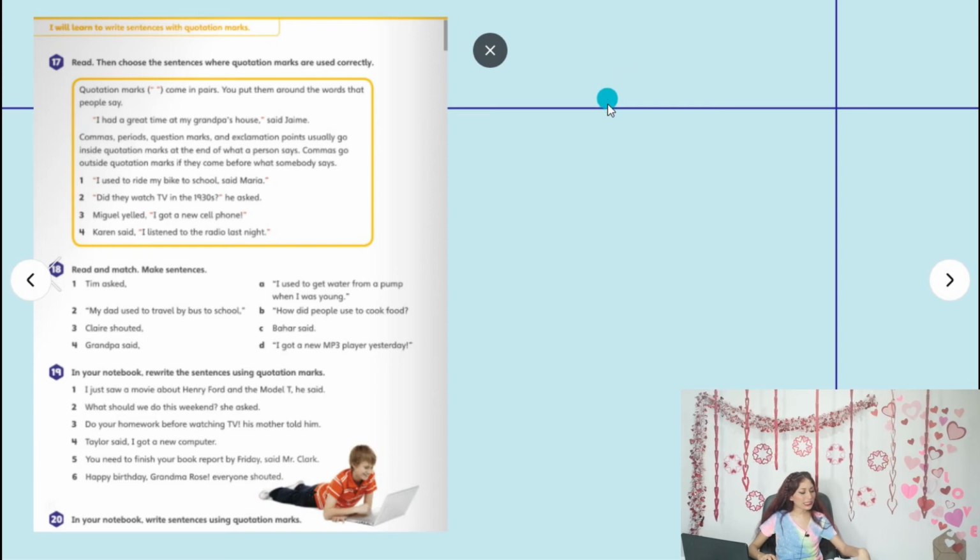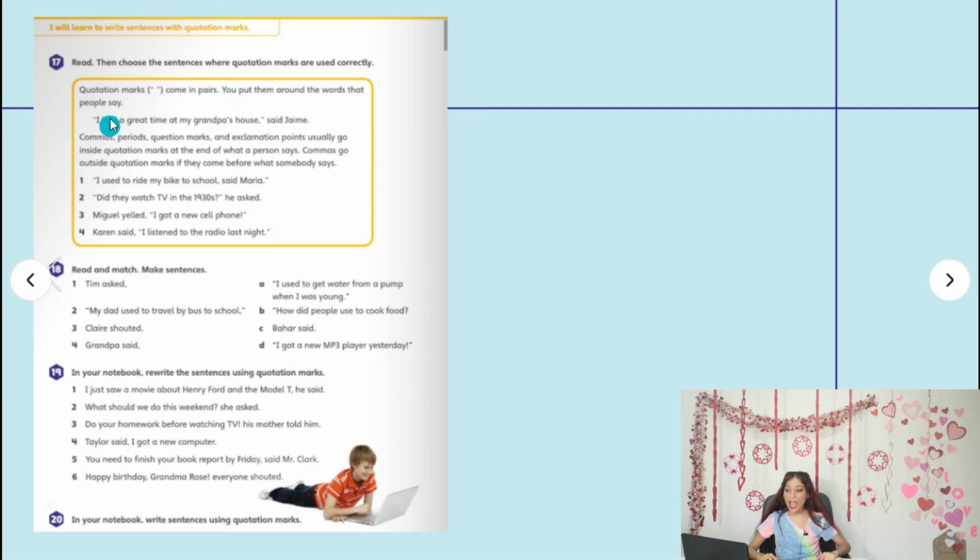I will learn to write sentences with quotation marks, okay? Activity 17 says, read, then choose the sentences where quotation marks are used correctly, okay? Quotation marks come in pairs. You put them around the words that people say.